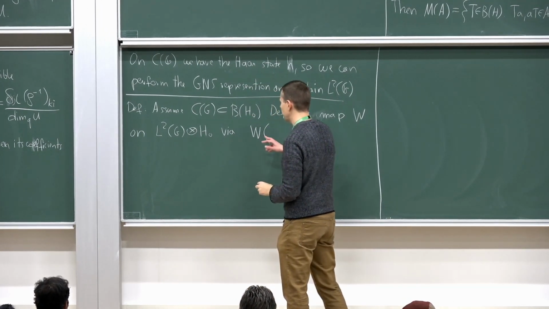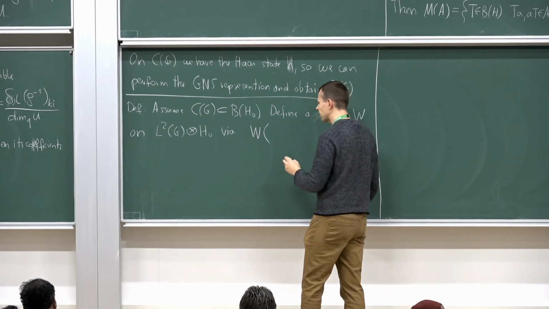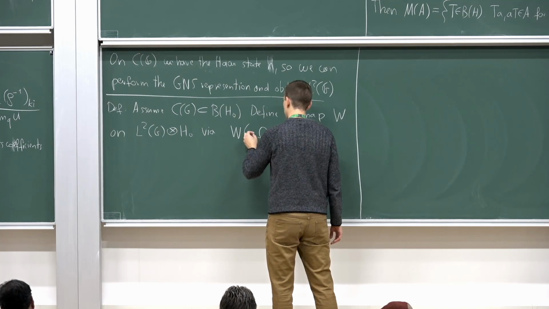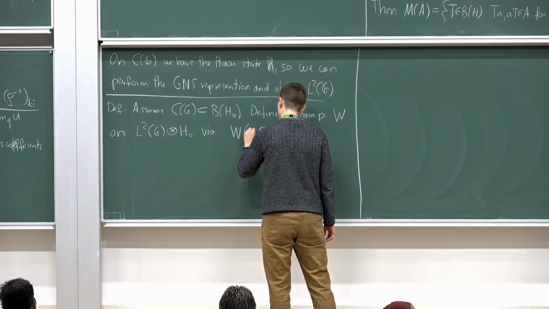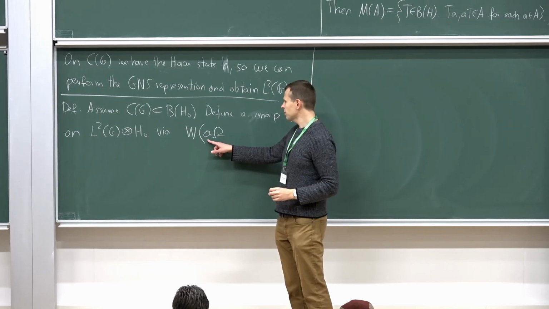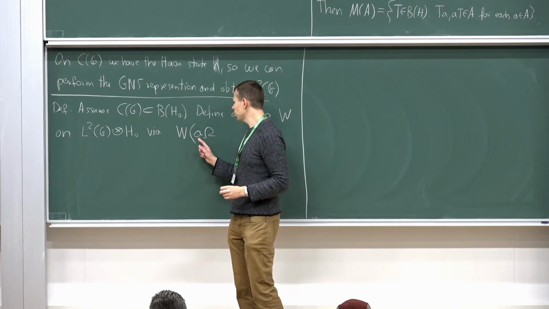So this is a GNS space, right? We have this cyclic vector which I like to denote by omega. Then we get a dense subspace by acting on omega by operators. So a will be in C(G).